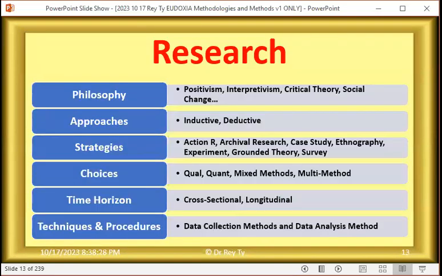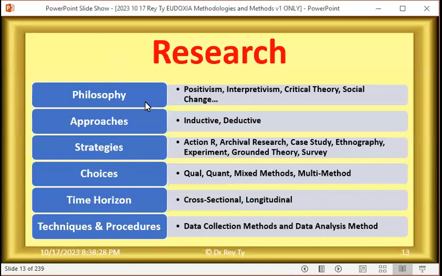Okay, so here, this is one way by which research vocabulary is developed further. You have philosophy. There are four major research paradigms: behavioralism, phenomenology, critical humanism, and also radical structuralism.